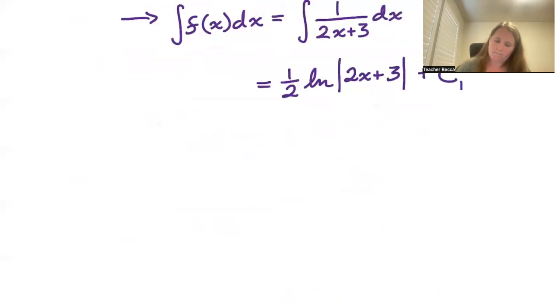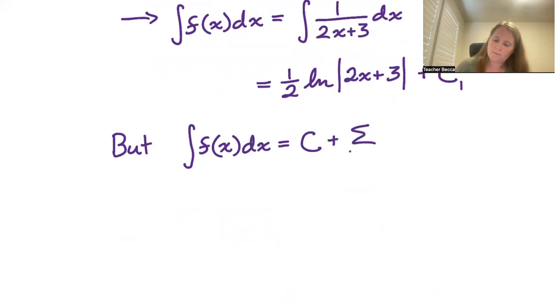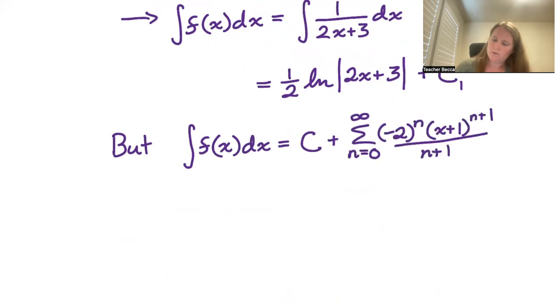It was equal to some constant C plus the sum from n equals 0 to infinity of (-2)^n times (x plus 1)^(n+1) all over n plus 1.